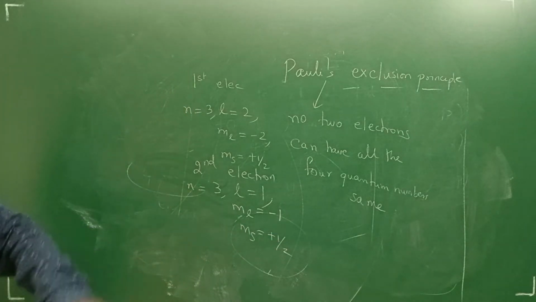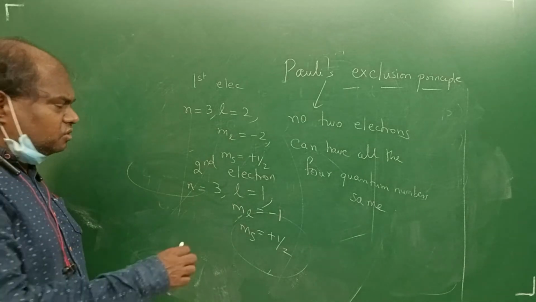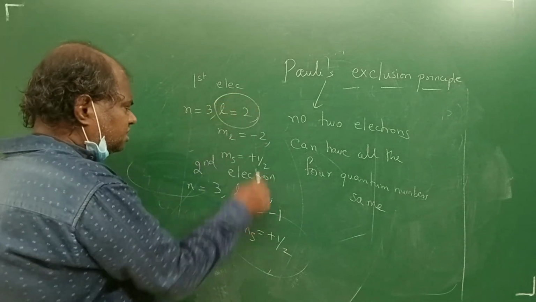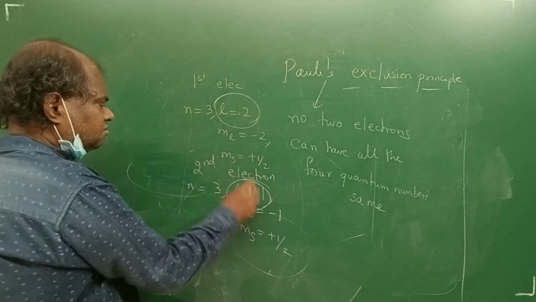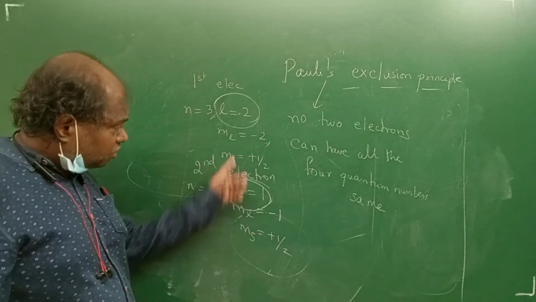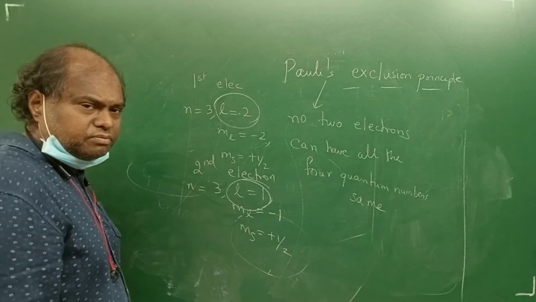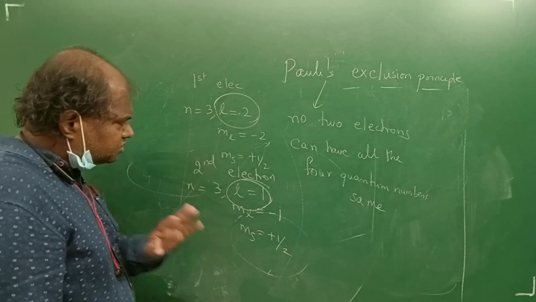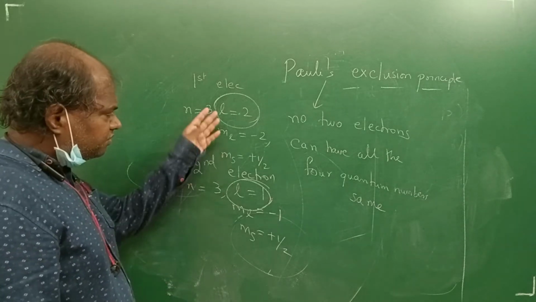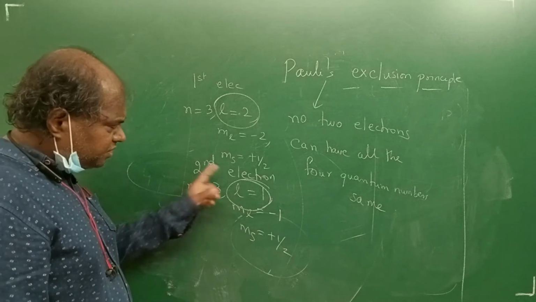Now, this is allowed. Why is it allowed? Because there's a difference in L, and also a difference in Ml. There should be some difference. So here you have got difference in both. Even difference in one is allowed.